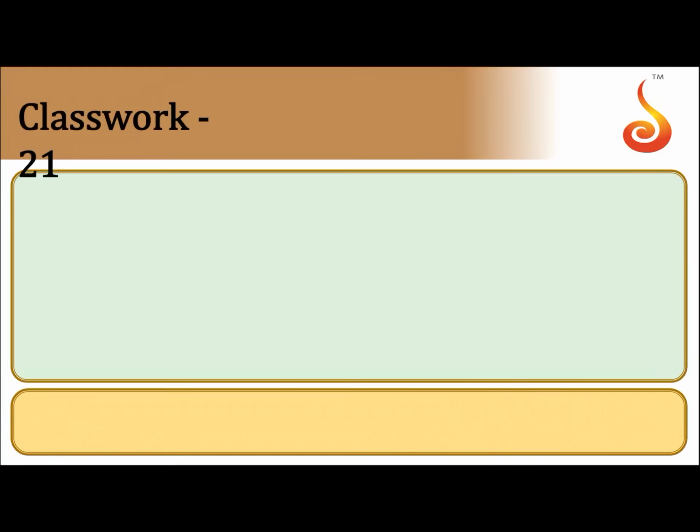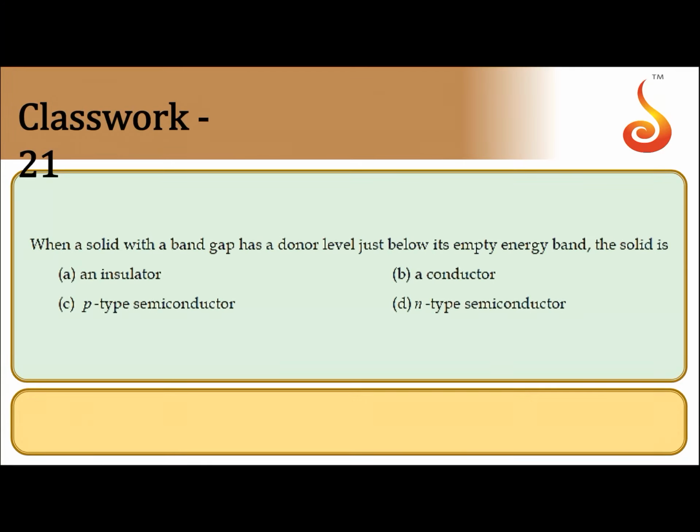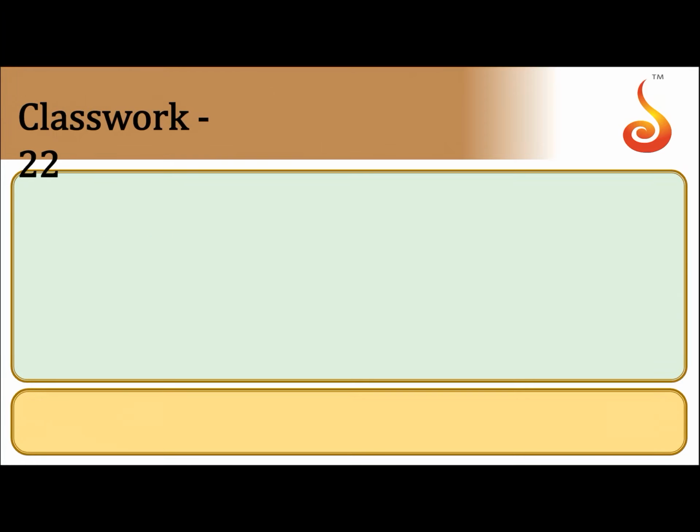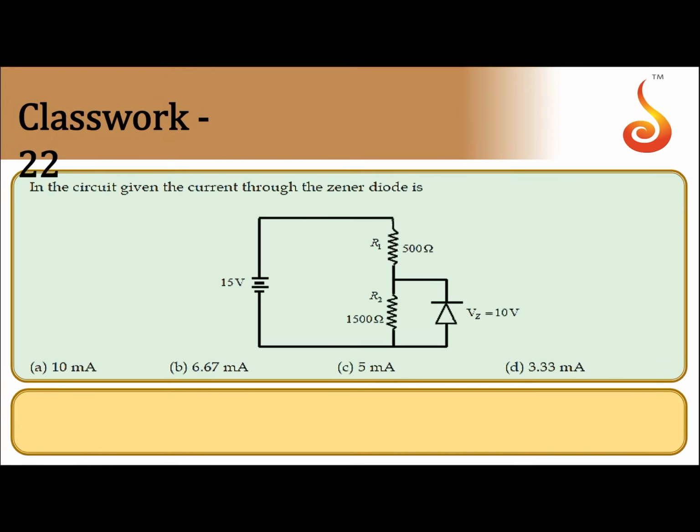Yes, let us move on to next one. In the circuit given, current through Zener diode is. So there is 15 volt battery here, 500 ohm here, 1500. Across this Zener diode is connected. Zener voltage is 10 volt.